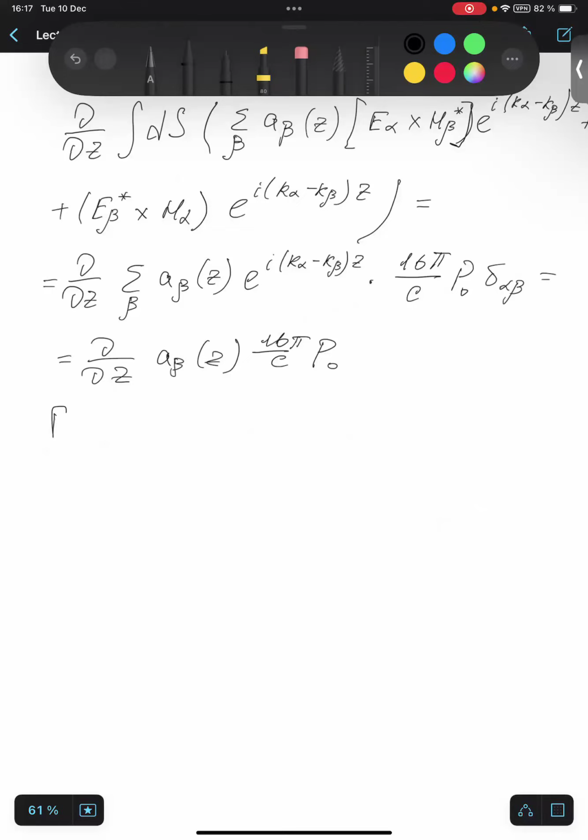The right-hand side. Yes, let's substitute it.